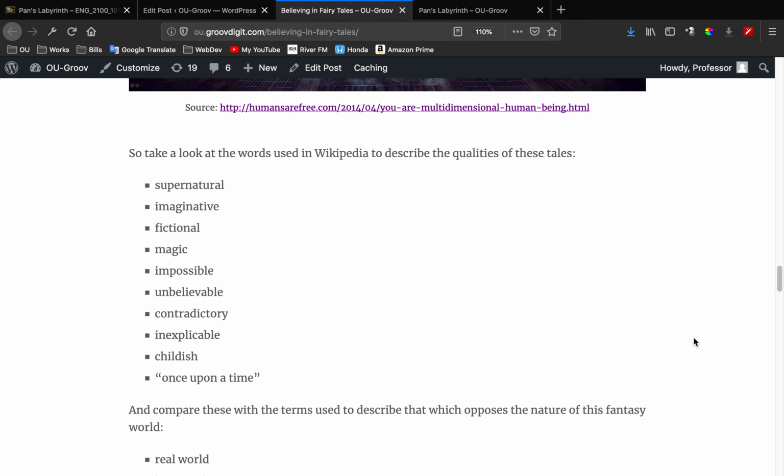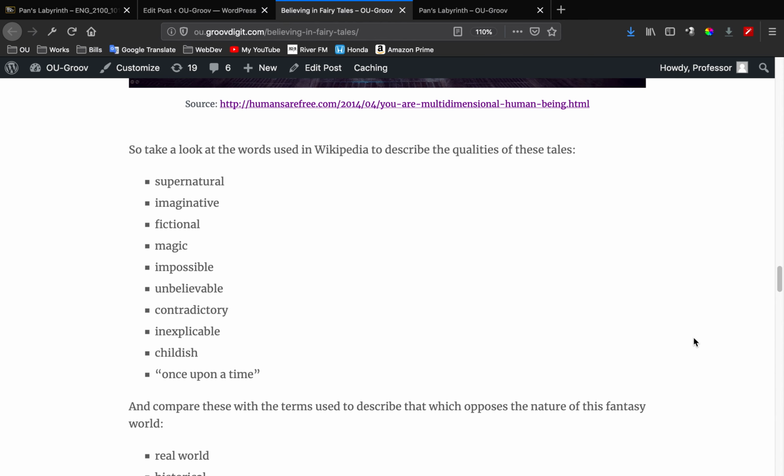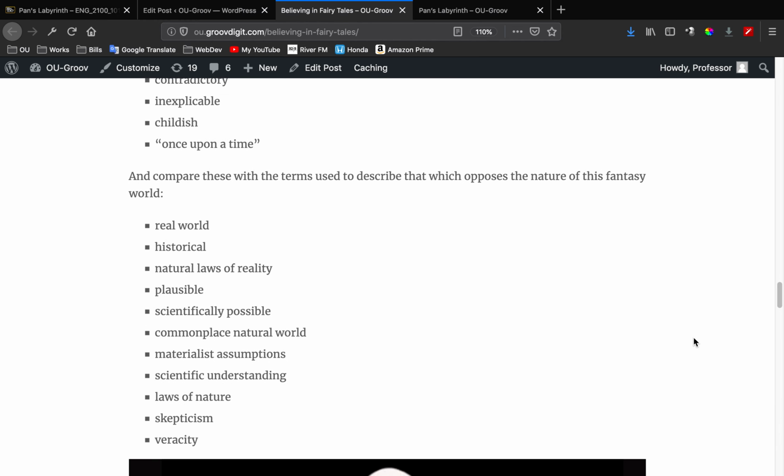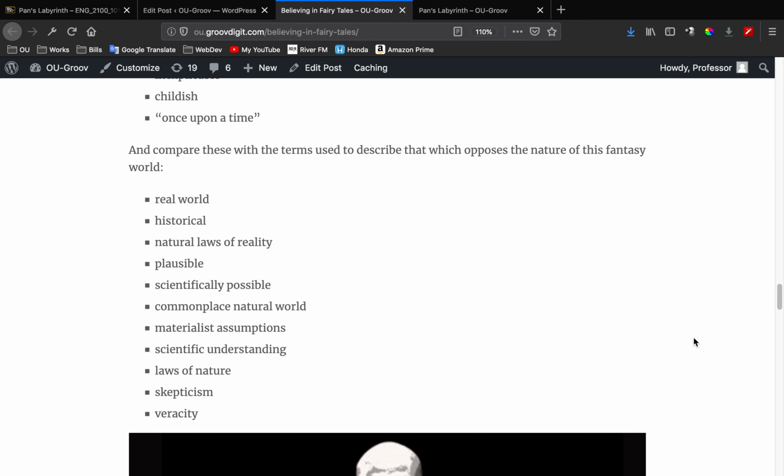So, take a look at the words used in Wikipedia to describe the qualities of these tales. Supernatural, imaginative, fictional, magic, impossible, unbelievable, contradictory, inexplicable, childish, once upon a time. And compare these with the terms used to describe that which opposes the nature of this fantasy world.